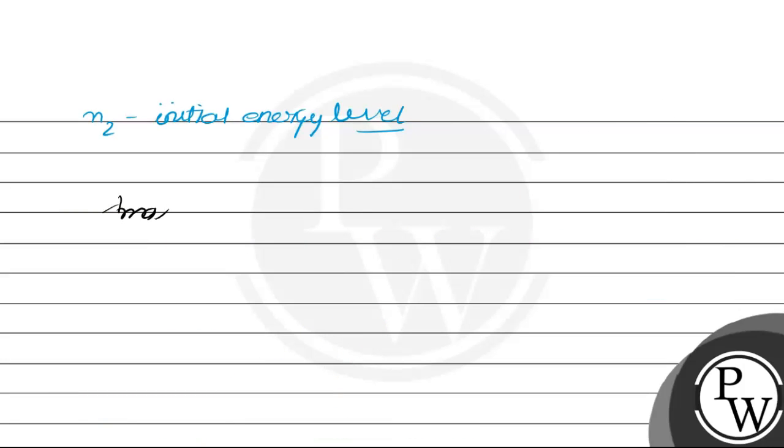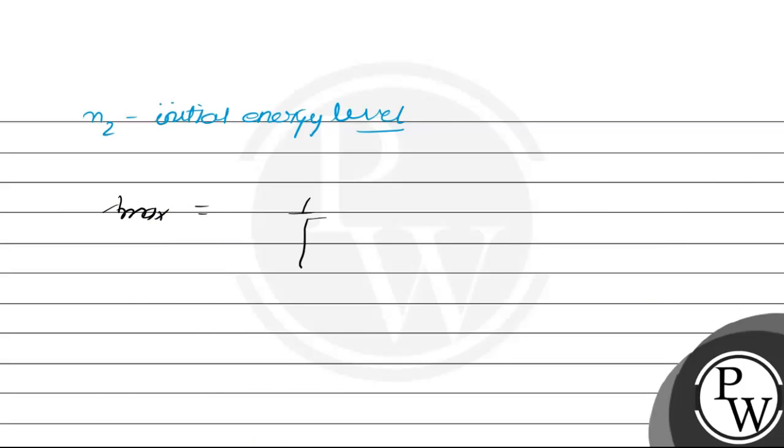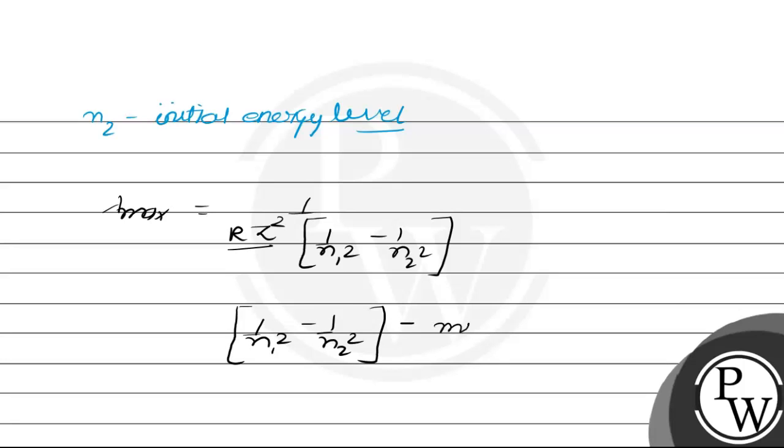We will get lambda max when, since this difference term is in denominator, and R and Z square are constant, lambda max depends on the minimum value of this difference, that is 1 upon n1 square minus 1 upon n2 square. This difference term will be minimum when n1 equals 2 and n2 equals 3.